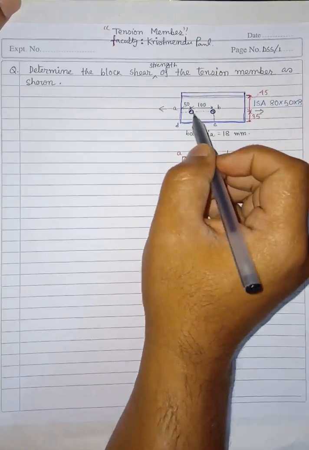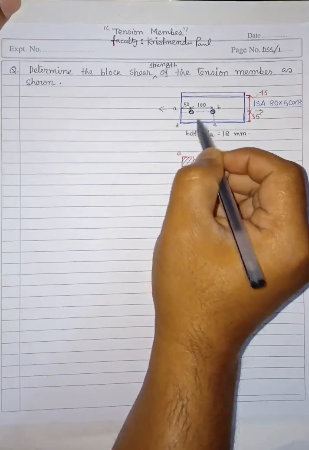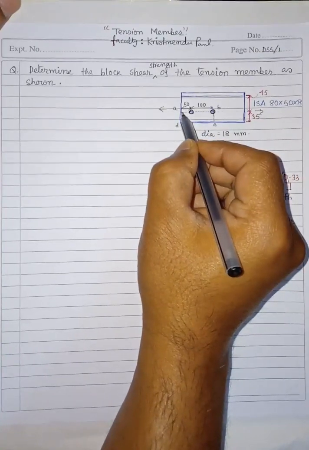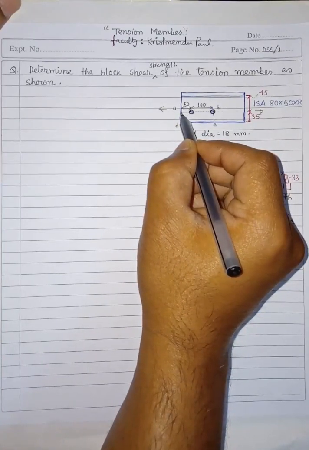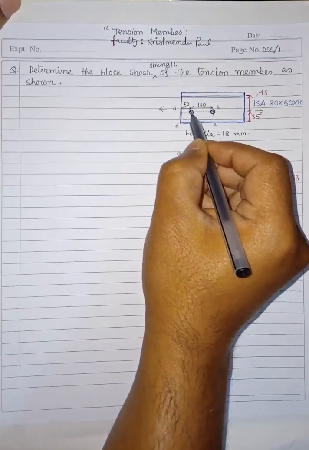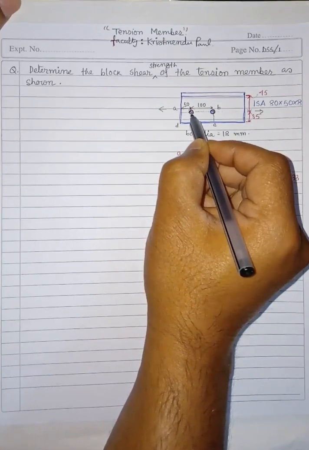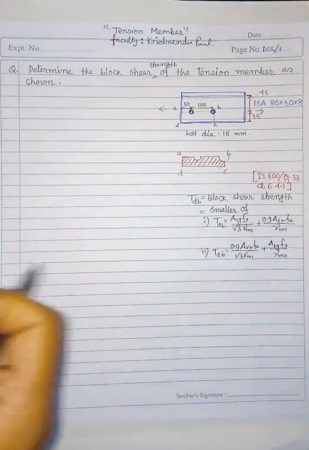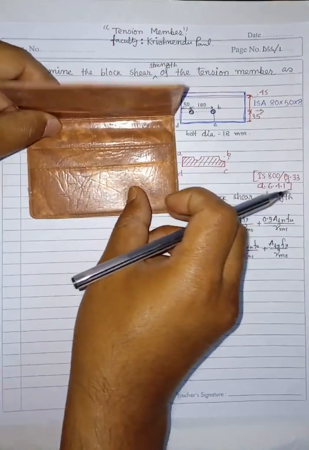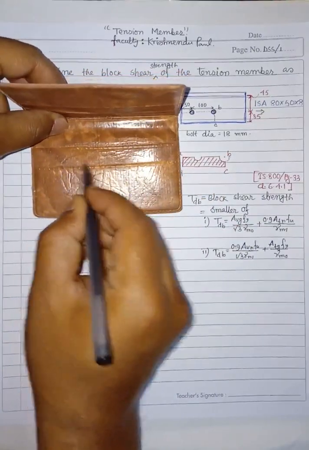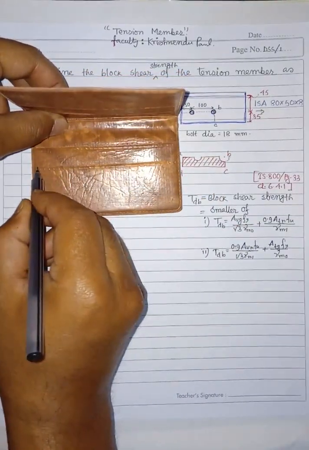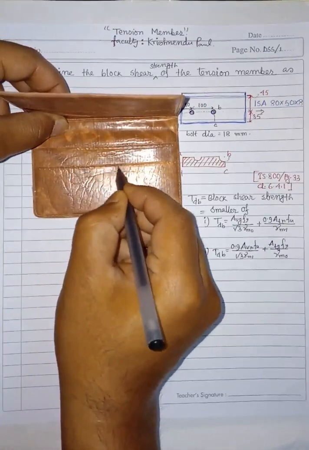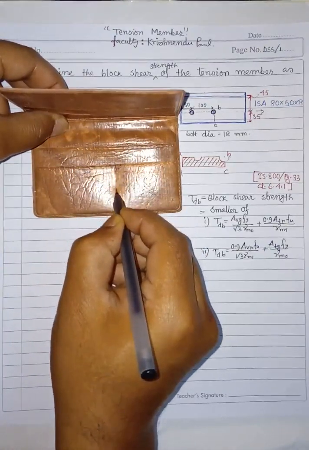Block shear means this block will shear out. The failure line will be passing towards the center. Suppose there is a bolt here and here, so it will go in this direction.